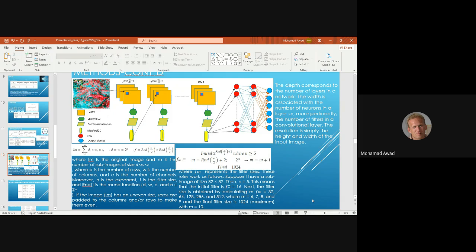So the model consists of convolutional layers with leaky ReLU, batch normalization layers, max pool 2D, and a fully connected network. And finally, the output classes.